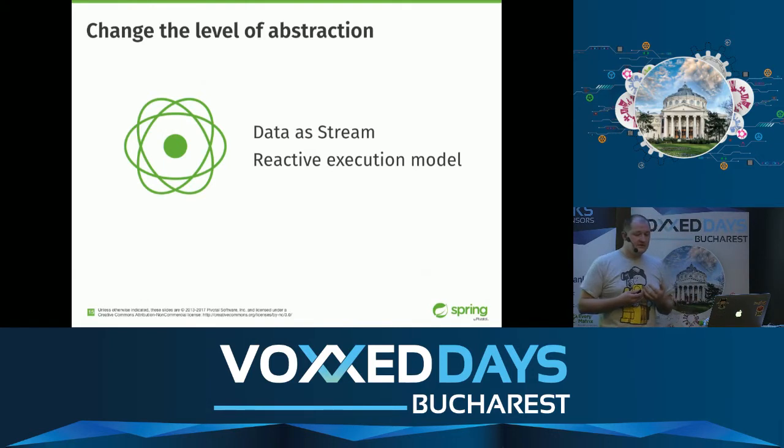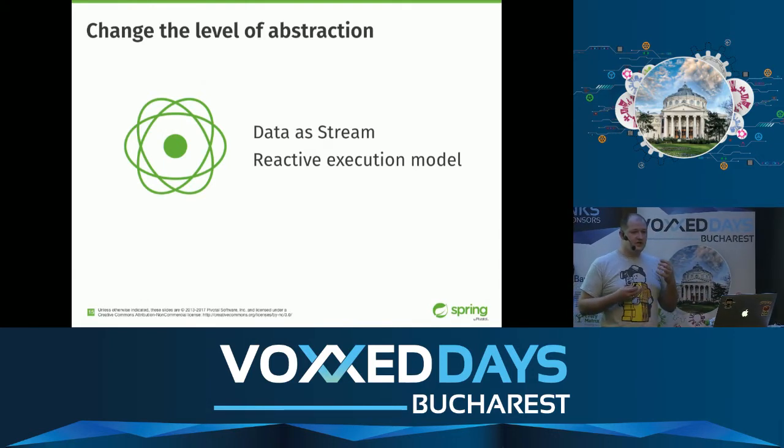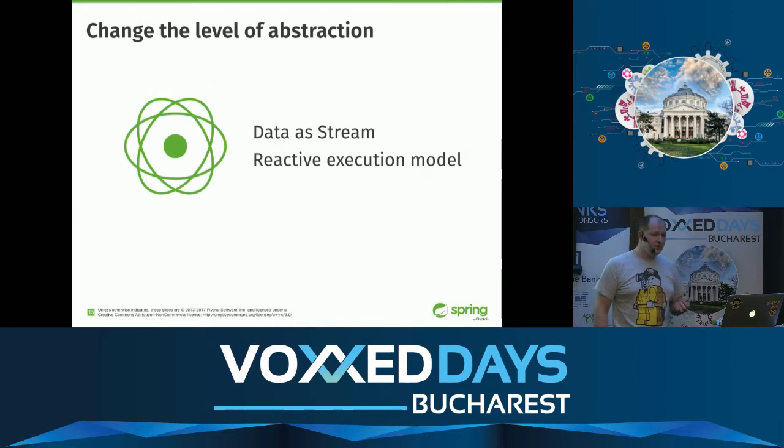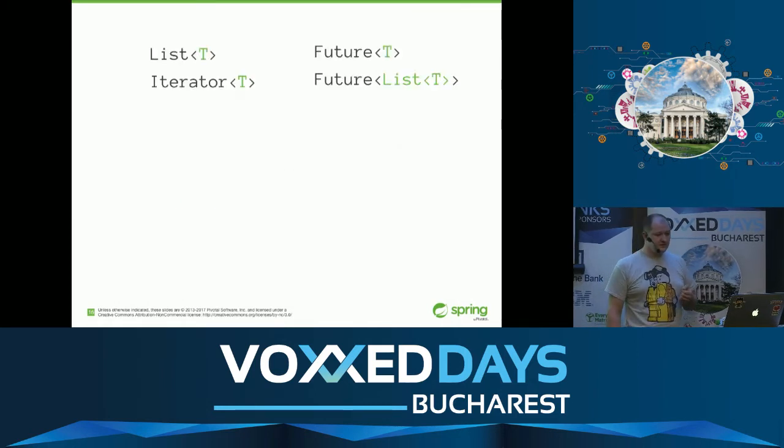In our understanding, reactive means changing the programming model to achieve maximum efficiency in resource management. And to do so, we have to change the level of our abstraction. We will use data as a stream, and we will take a look at the reactive execution model. But first, what does this really mean in the context of data access?